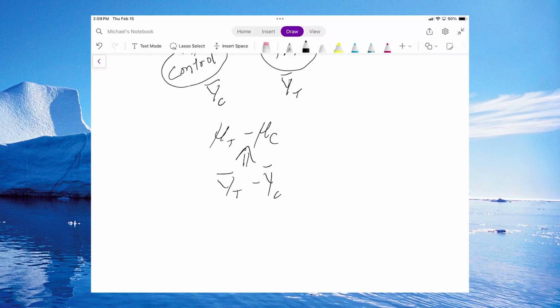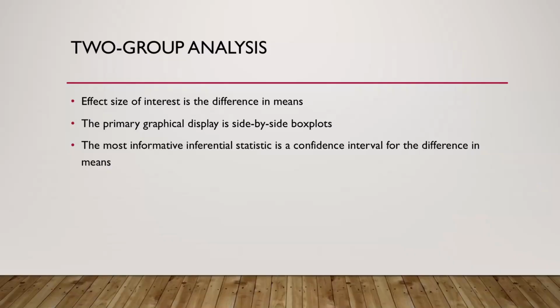So that's what I mean when I say in two-group analysis, the effect that was of interest is the difference between the means. As you know, the primary graphical display is side-by-side box plots, and we've looked at those in this video series, albeit for three groups, but it's the same sort of thing if we were doing it for two groups.